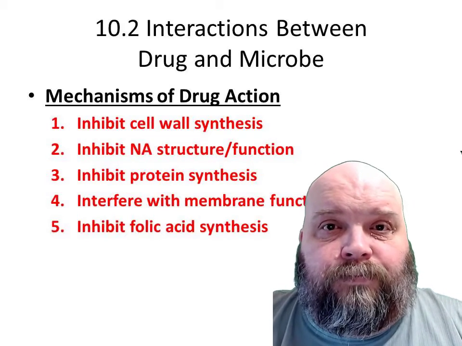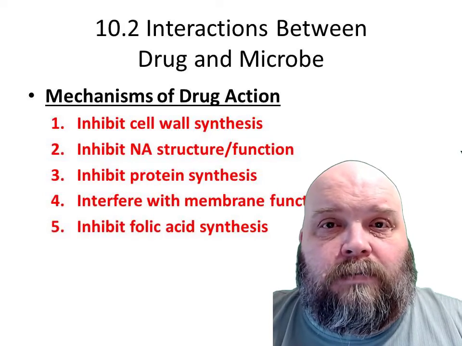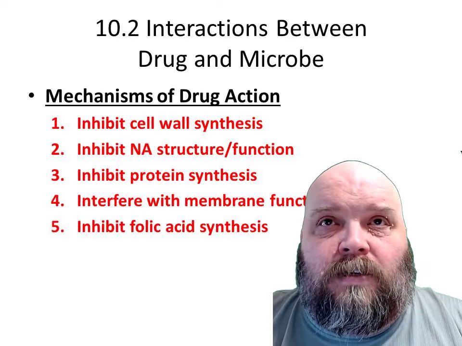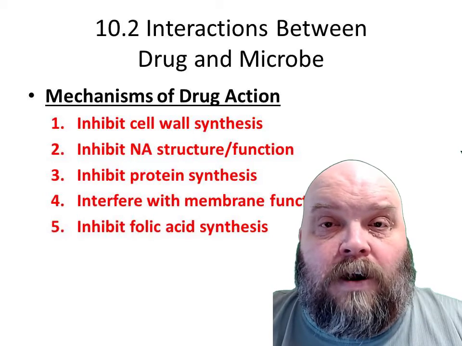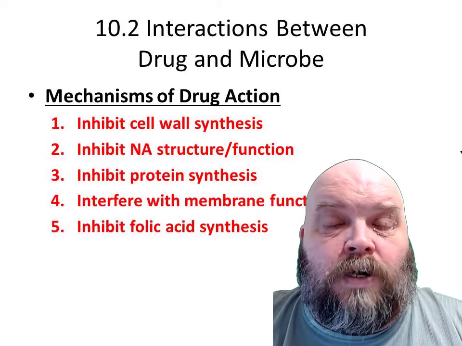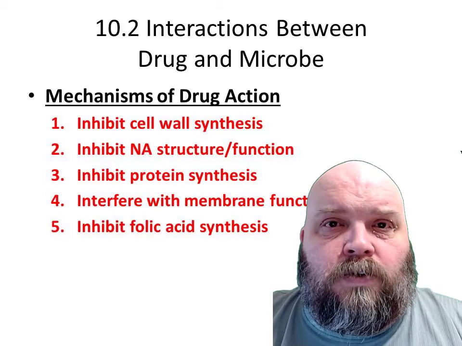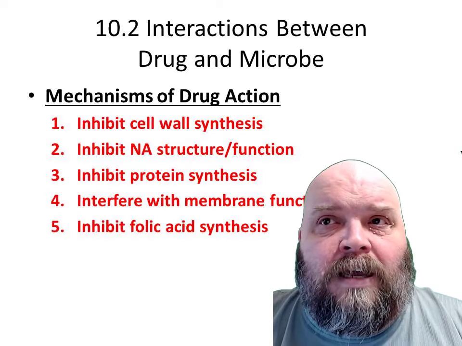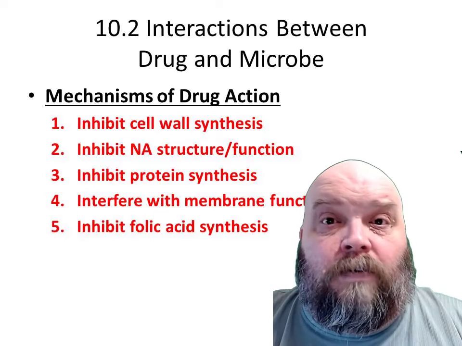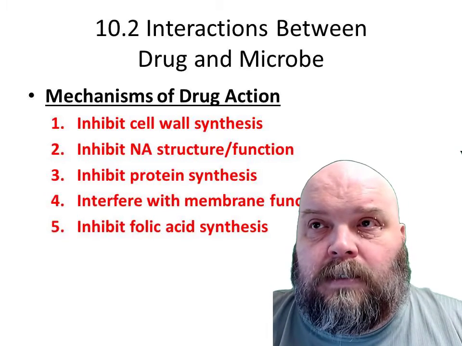Second, inhibit nucleic acid structure and function. Turns out many of these microbes have certain structures within their DNA and their RNA. Their RNA forms certain three-dimensional structures that ours don't. These three-dimensional structures in the DNA and RNA are signals within the bacterial, viral, or fungal cell that will trigger certain cellular responses.